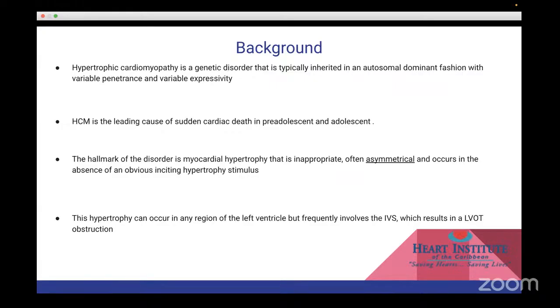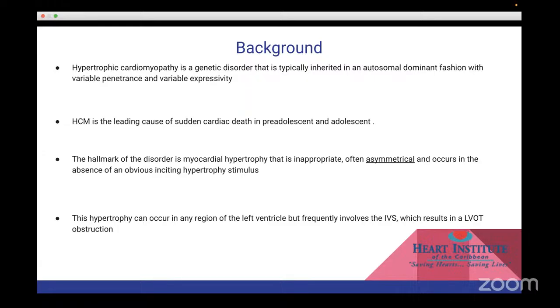The hallmark of this disorder is myocardial hypertrophy that is inappropriate and often asymmetrical. That is what will help you differentiate it from a lot of the other causes of hypertrophy and cardiomyopathy. It occurs in the absence of any obvious inciting reason for the hypertrophy.